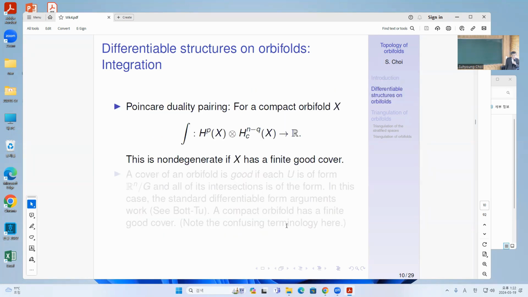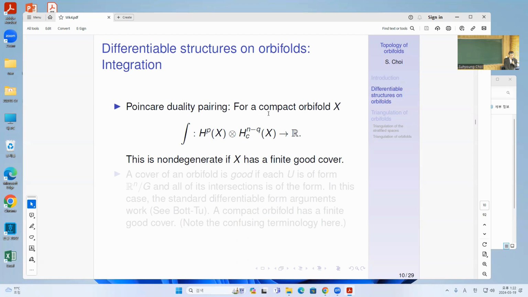Okay, also, you can do the Poincare duality pairing for any compact orbifold without boundary, which means that there is no point modeled on the upper half space. So that's the case. Usually you call that a closed orbifold, and then you can always do this kind of thing, H^p(X) tensor H^{n-p}_c(X) to C over S. So this means it's compactly supported, and then you get an answer here.